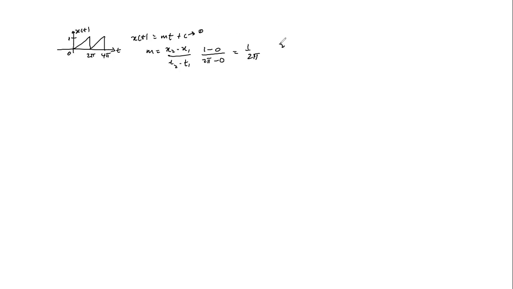So s of t is equal to 1 over 2 pi times t, or t over 2 pi. So the equation that describes this expression is s of t equal to t over 2 pi. Okay? So let's write all of this.